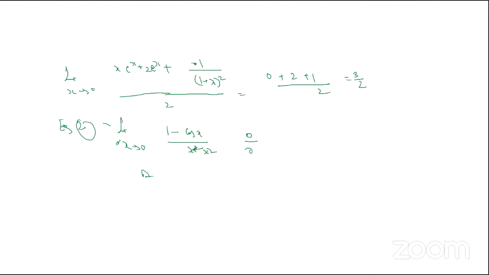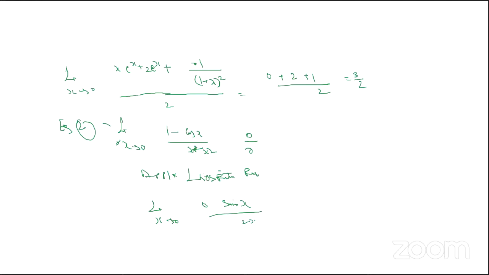Differentiate the numerator separately and the denominator separately. Limit x tends to 0. d by dx of 1 is 0, d by dx of cos x is minus sin x, so sin x whole divided by d by dx of x square, which is 2x.